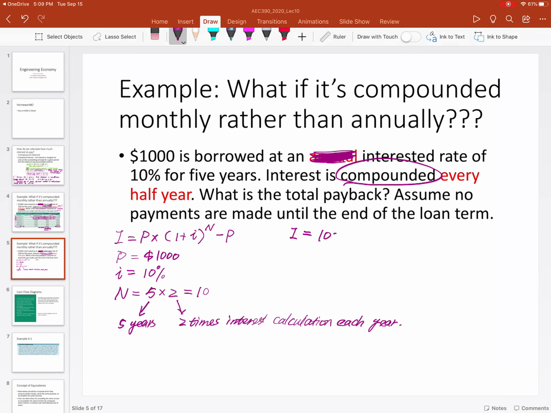P is 1,000 times 1 plus i, which is 10%, to the power of n, which is 10, not 5, minus 1,000. So it's 1,000 times 1.1 to the power of 10 minus 1,000.